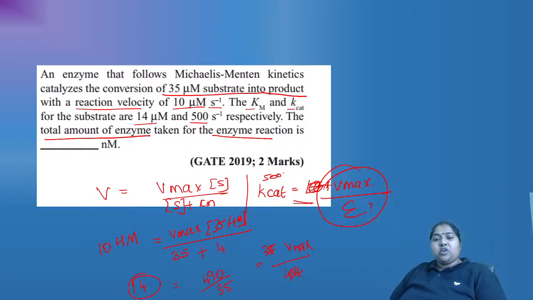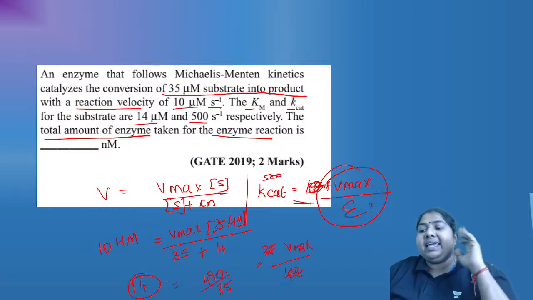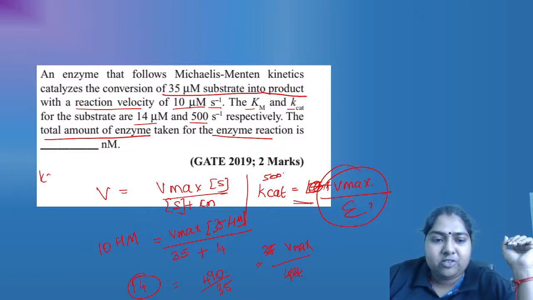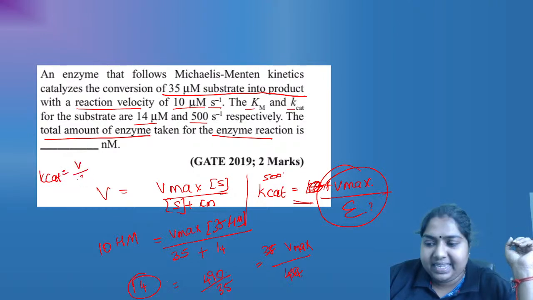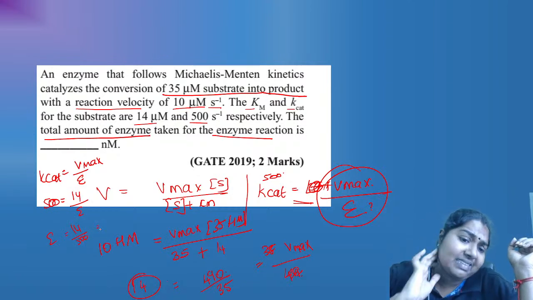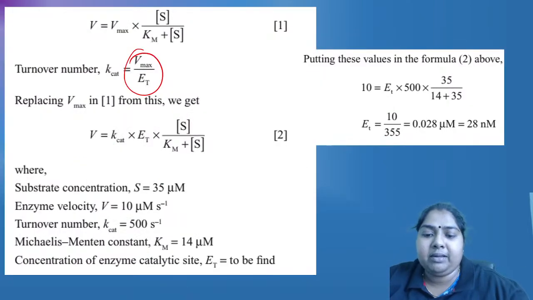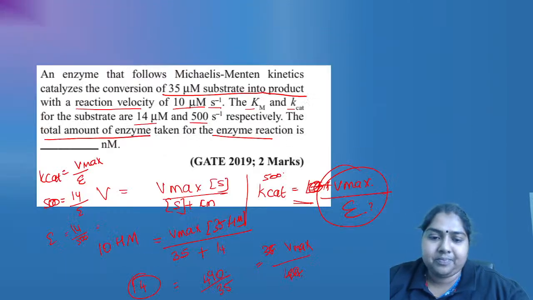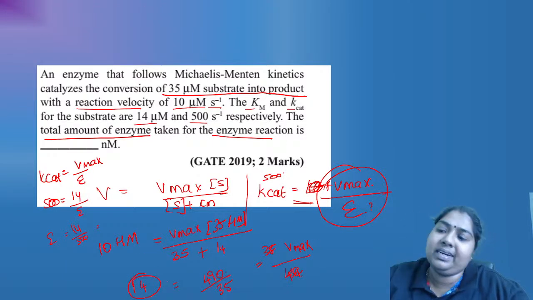So what is going to be your Kcat? Kcat is 500. Okay, so Kcat is equal to Vmax by E. Kcat is going to be 500, Vmax is 14. So what is your E? E is equal to 14 divided by 500. Come on everybody. Did you get it? 14 divided by 500.